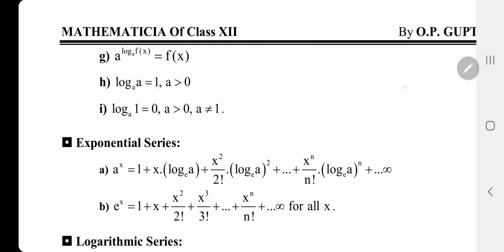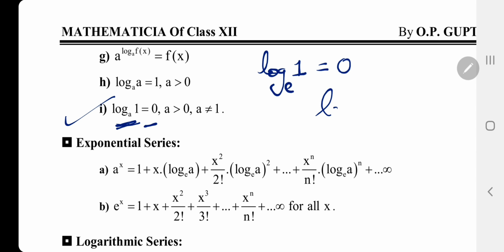Moving to the last one, we have log of 1 on the base of a. Its value is 0. If I give you some other examples, log of 1 on the base of e is 0. Log of 1 on the base of 10, again it is 0.